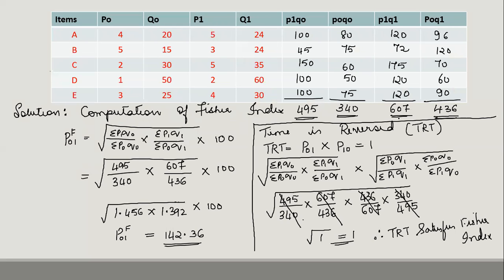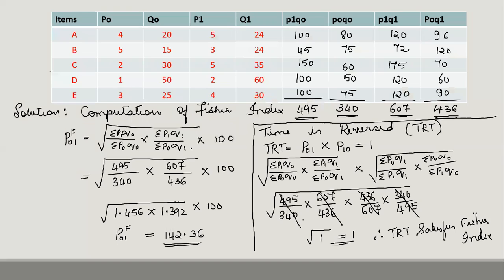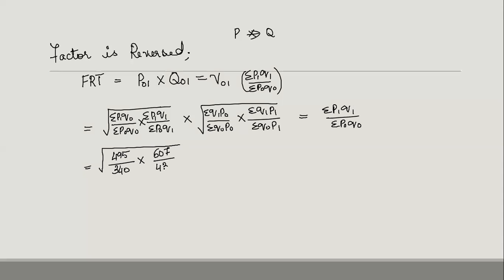Summation P1 Q1 is 607, divided by P0 Q1, which is 436, into the square root of summation Q1 P0. Q1 P0 is nothing but P0 Q1, so 1 into 5 is equal to 5 into 1, it will give you the answer as 5 itself.